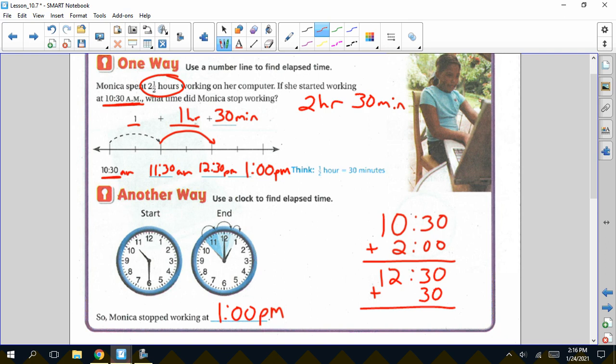Now, just remember, when you get to 60 minutes, that is going to give us an extra hour. So the 12 now becomes 1, and we would have no extra minutes. So if you're using addition here, you have to be careful. Remember, when you get to 60 minutes, you have to convert that to another hour. And once you hit 12, it's going to change back to 1 and start over.